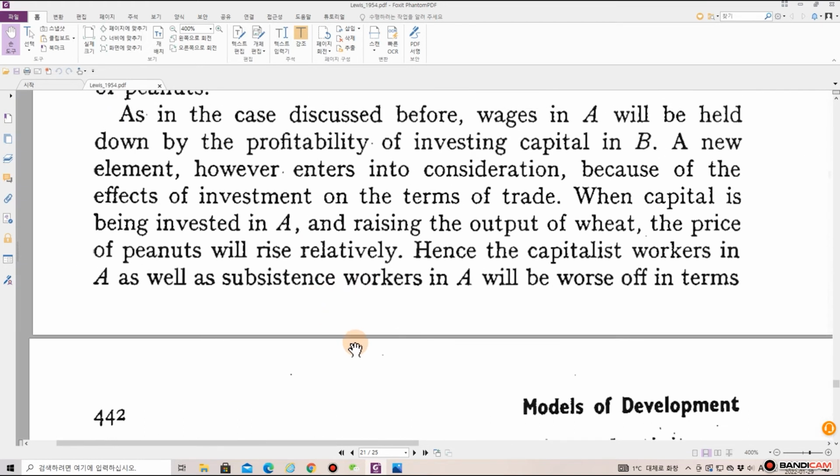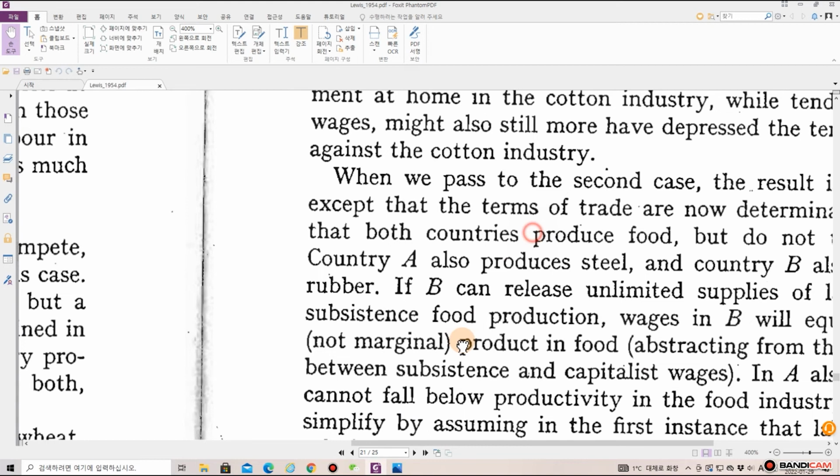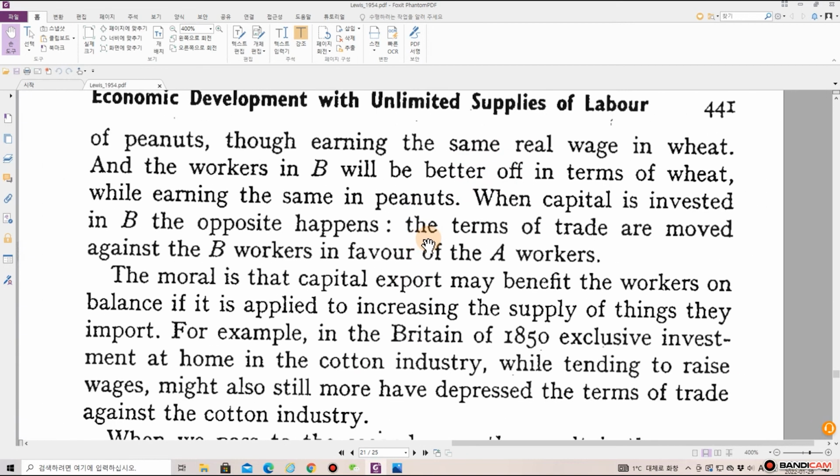Hence, the capitalist workers in A as well as subsistence workers in A will be worse off in terms of peanuts, though earning the same real wage in wheat. The workers in B will be better off in terms of wheat while earning the same in peanuts. When capital is invested in B, the opposite happens. The terms of trade are moved against the B workers in favor of the A workers.